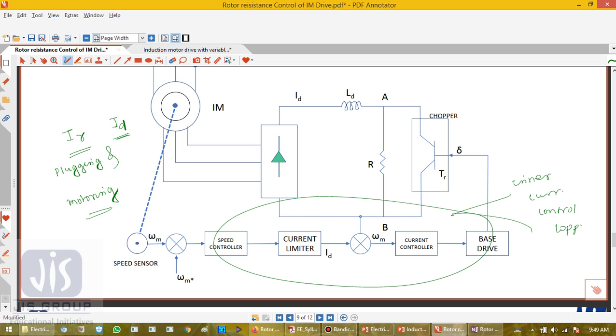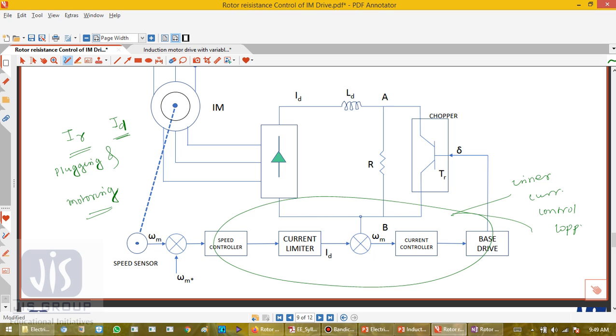If the current limiter is made to saturate at this current, the drive will accelerate and decelerate at the maximum torque, giving very fast transient response. For plugging, an arrangement will have to be made for reversal of phase sequence. So if we change the phase sequence from motoring operation, we can convert it into a plugging operation.